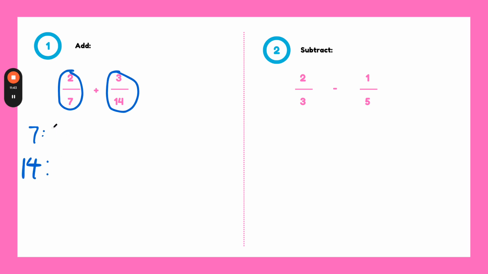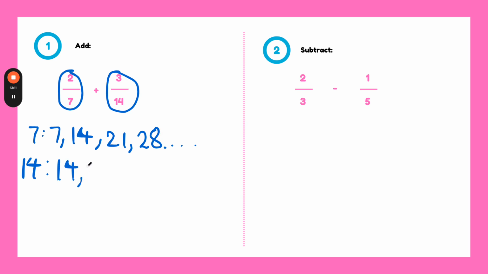So if we want to find our lowest common denominator, or LCM, we have to list the multiples of each of our denominators to see which number comes up as the lowest, and obviously is also a multiple.